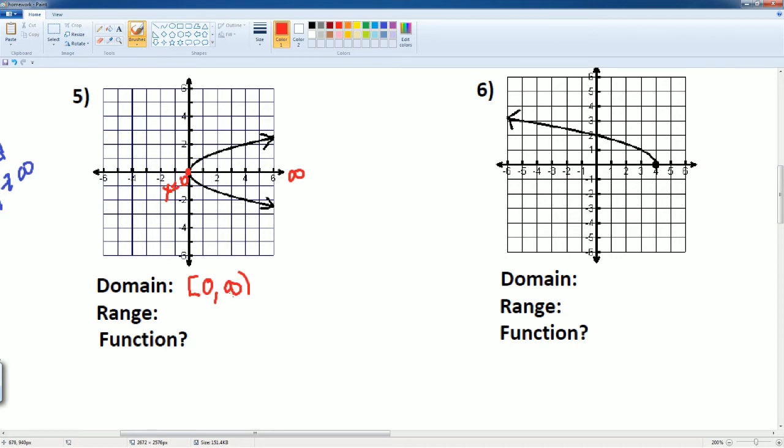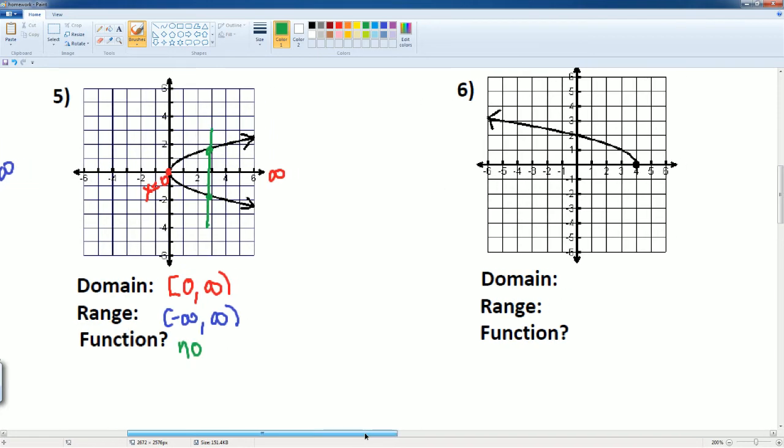But when it goes to infinity, it is a parenthesis because it is still open. Notice that there is an arrow going up and down. That is the reason why the range will be negative infinity all the way to positive infinity. And like the other problem, it passes through more than one point, so this is not a function.